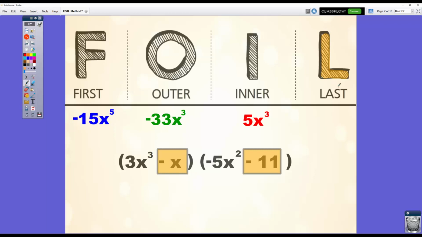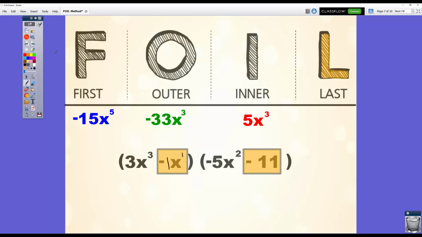And we will, appropriately enough, end with last, which is what the L stands for. And that is the last term in each binomial, or the term on the right. The first terms are the two terms on the left. The last terms are the two terms on the right. And once again, just because I personally like to see it, I'm going to add the coefficient of 1 and the imaginary exponent of 1.